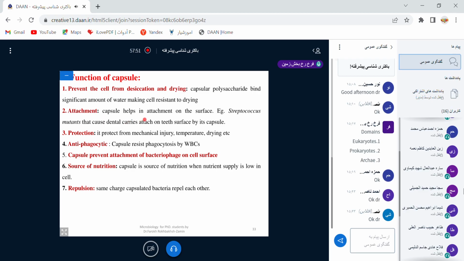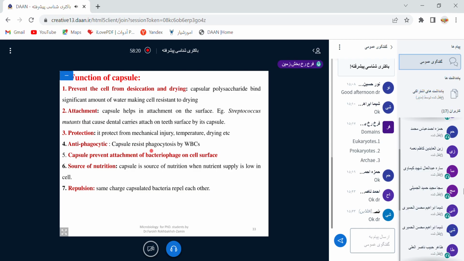The capsule helps in attachment to surfaces. For example, Streptococcus mutans, which causes dental caries, attaches to tooth surfaces by its capsule. Protection: it protects from mechanical injury, temperature, drying, and so on.